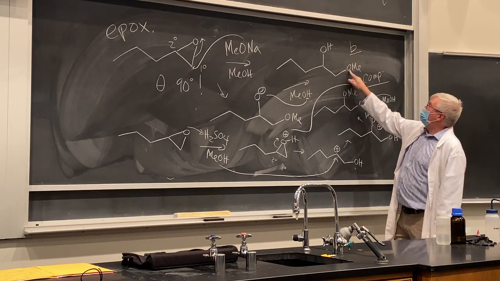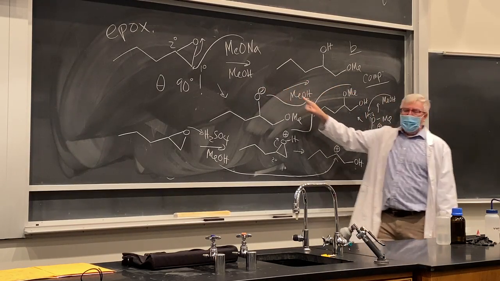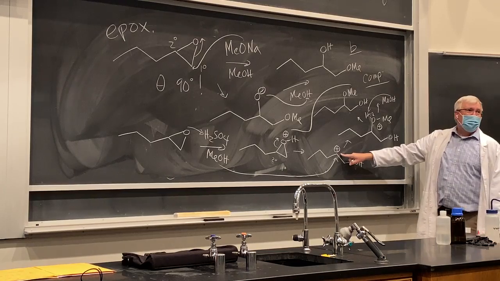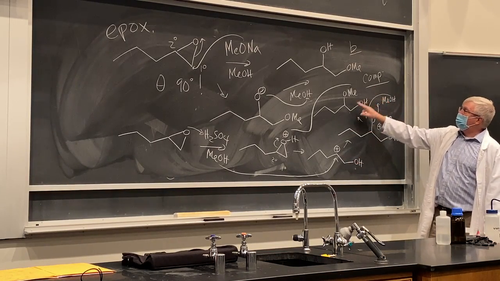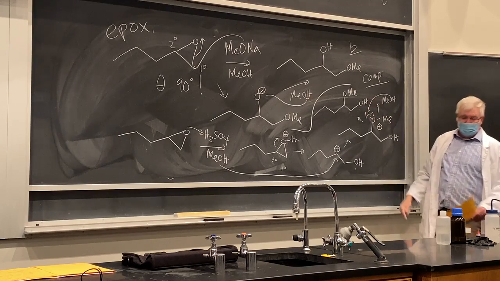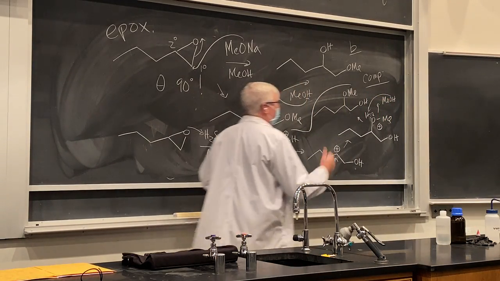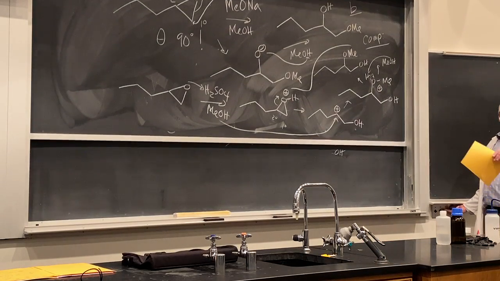Well, here, the nucleophile went to the primary spot. Why? Because we're under basic conditions with methoxide. Here, though, we're under acidic conditions, and we go via the more stable carbocation. And we reverse this selectivity. So it's complementary conditions here. Let's work a couple more of these, and then we'll go back to the overheads and try to do some demos. Yeah, question on this.